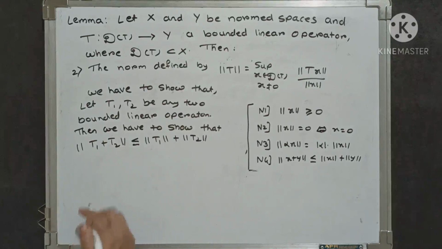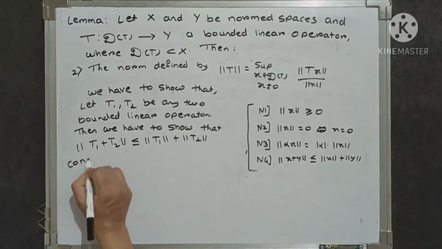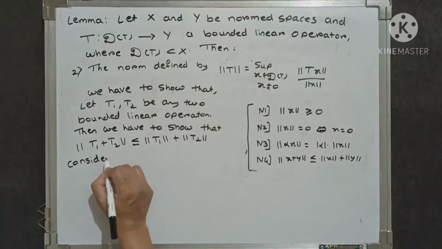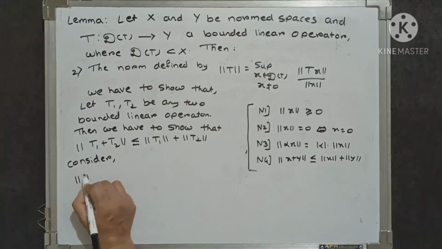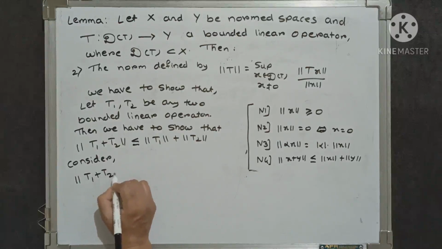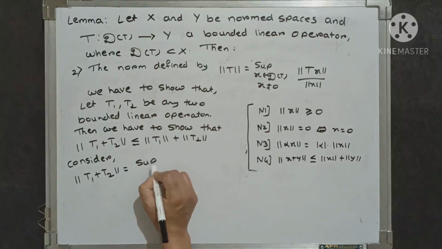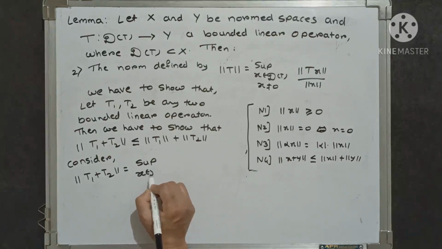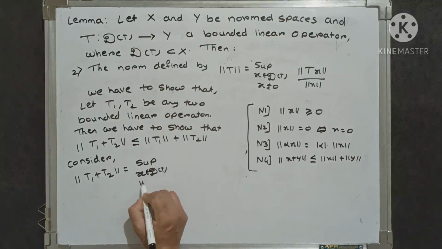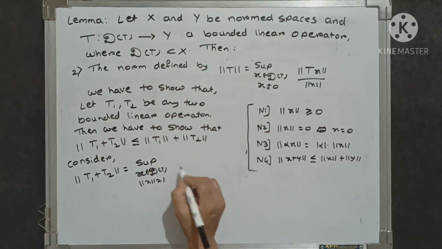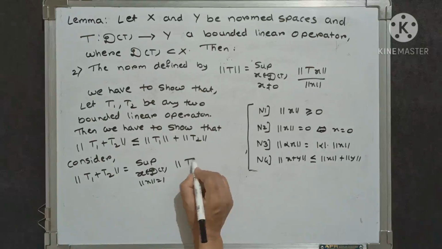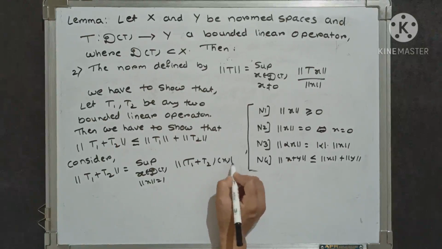So we start with this. Consider norm of T1 plus T2. Again we apply here the alternative formula, that is supremum over x belongs to D(T), norm of x equals 1, norm of (T1 plus T2) of x.